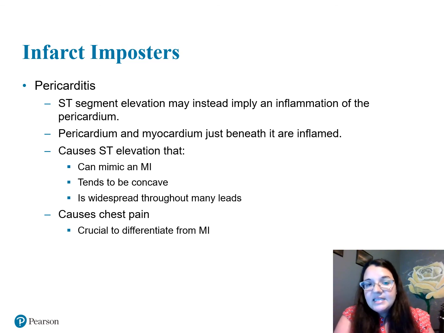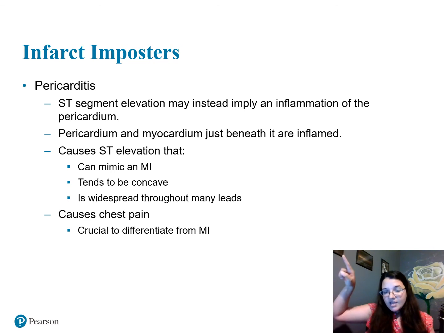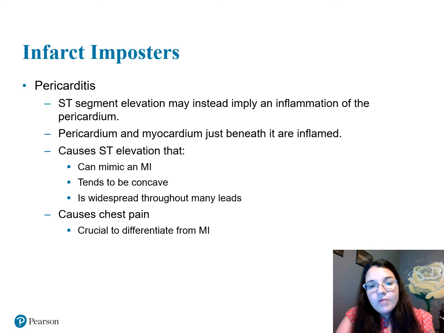It causes ST elevation that can mimic the MI. They tend to be concave. So they're caving under, right? Concave. And then you have convex going over. It is widespread through many leads, and it can cause chest pain, so it's crucial to differentiate it from MI.